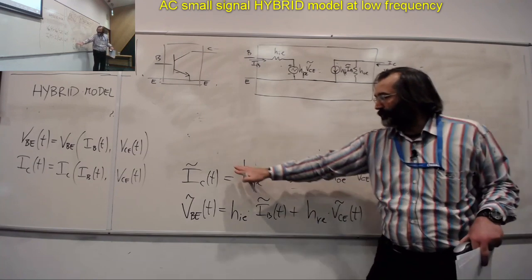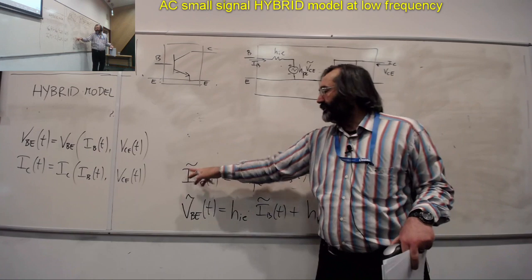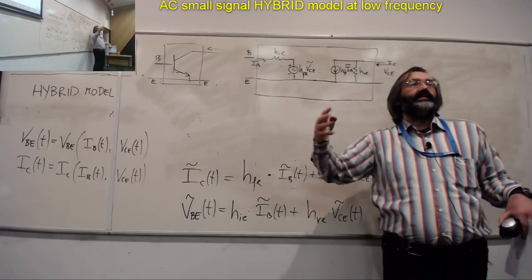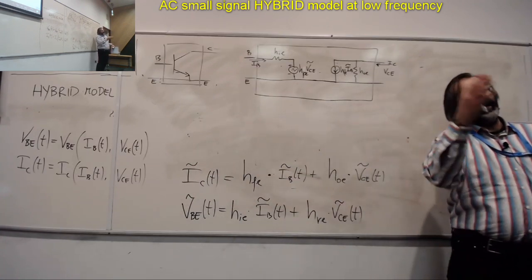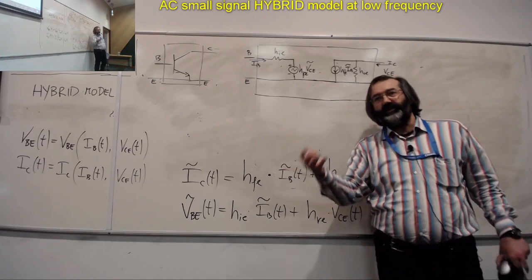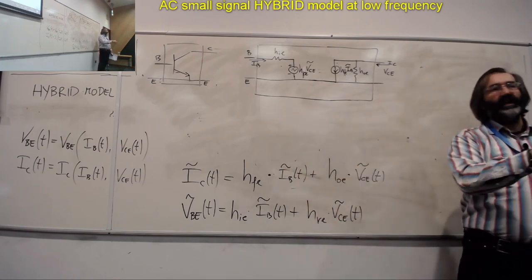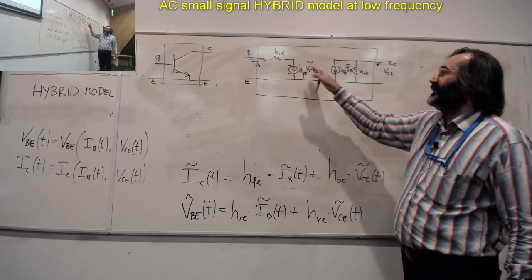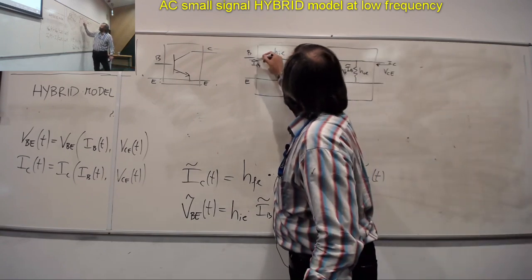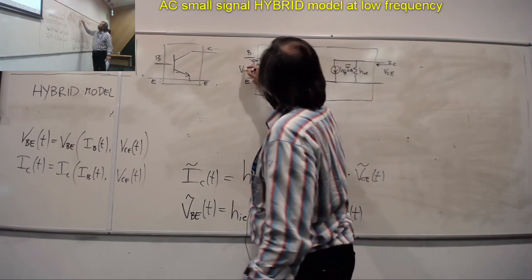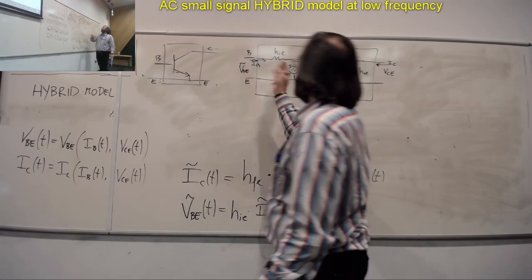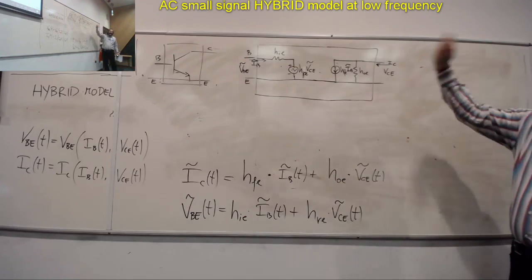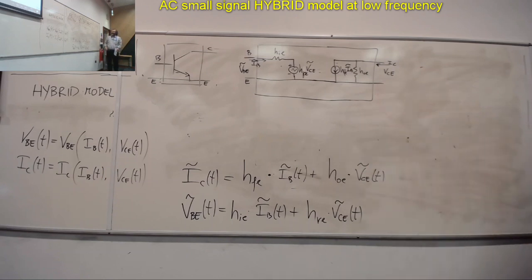I could drop T from these equations, and IC tilde is the phasor of IC, which contains information about the amplitude and eventually the phase. So that's why in the model I'm not putting T anymore. I'm just putting IB tilde, VBE tilde without the T anymore. I'm now thinking just of the phasors, so the amplitude of these quantities.